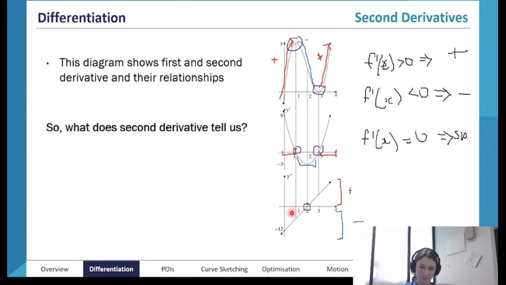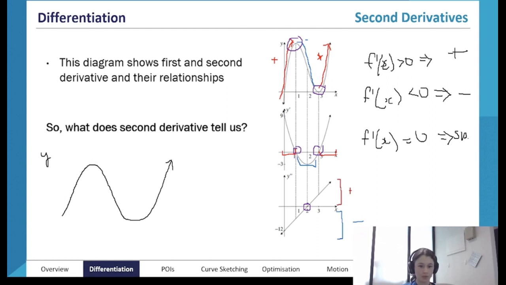So, when we're talking about the concavity of the original function, we are talking about whether its gradient is increasing or decreasing. And I'm going to draw a second diagram over here. And this is of the original function, y.